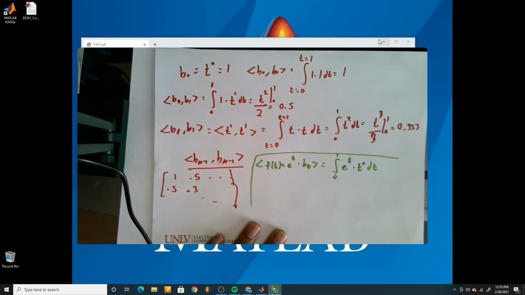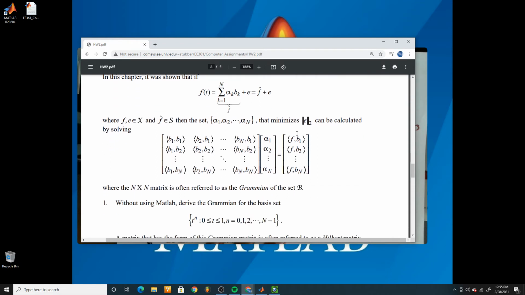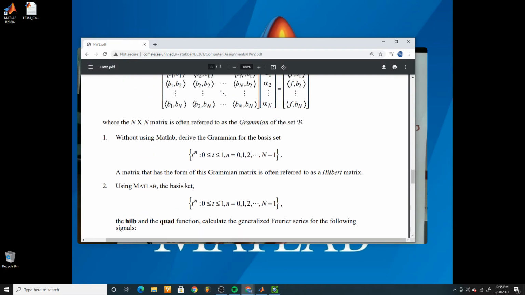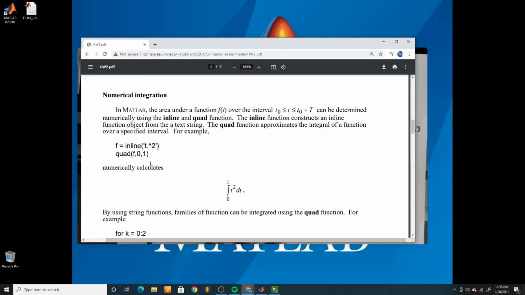Now that you have that function, I need to show you something very important. You see how this is a matrix? Keep it as a matrix. You'll have a time in there, but keep it like this, because then when you do this, this right here is literally your solution.